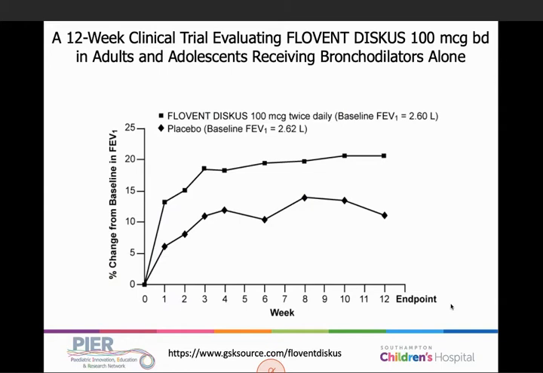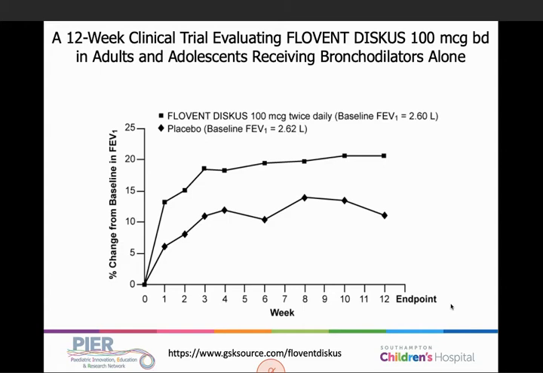Well, this is a typical slide showing you the sort of thing that happens in a randomized controlled trial. This includes adolescents who are steroid naive and receiving inhaled corticosteroids, with the baseline treatment being bronchodilator use only when necessary.